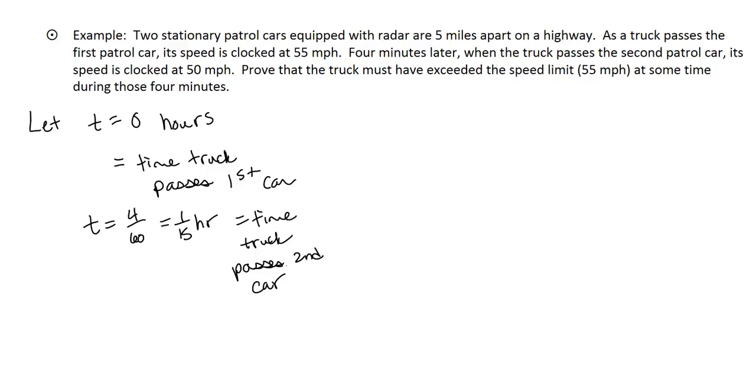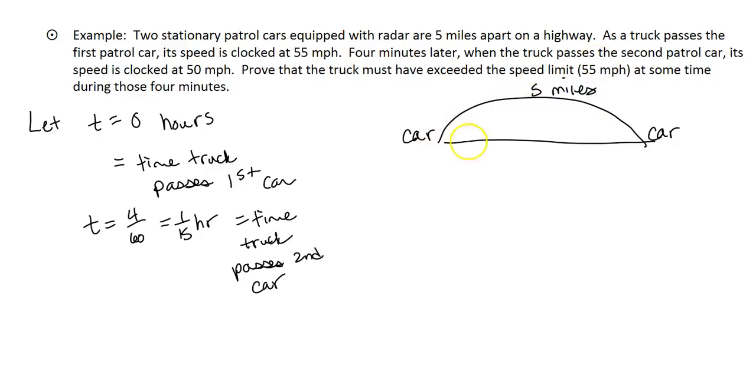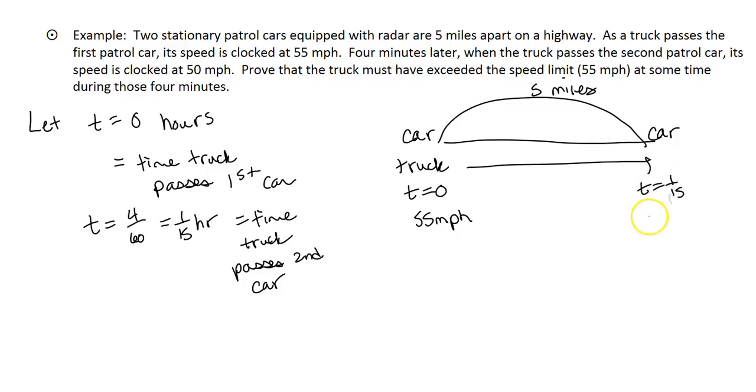So basically, I've got two cars, and I know that they have a distance of 5 miles between them. And I've got a truck that's passing them. So this is going to happen at t equals 0. And we know that at t equals 0, the truck was clocked at 55 miles per hour. And we know that at t equals 1 over 15, the truck was clocked at 50 miles per hour.